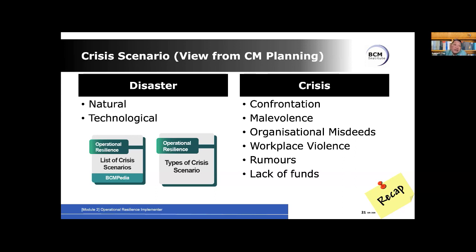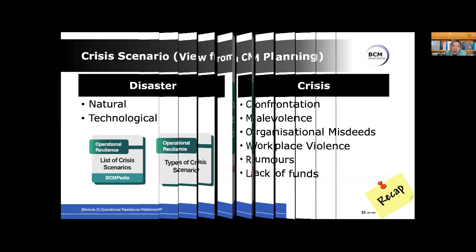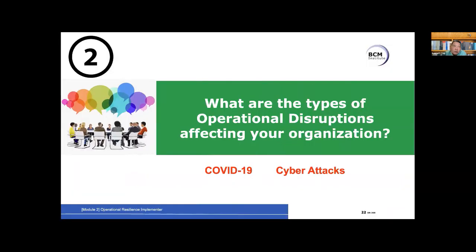So the whole idea of this is to remind you to leverage on what you have done, so that we can move on to this second exercise on what are the types of operational disruption affecting your organization. I've listed here very simply, and I think the most common will be the one that we've been there, done that, COVID-19 and the cyber attack.